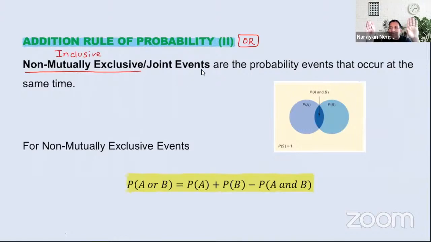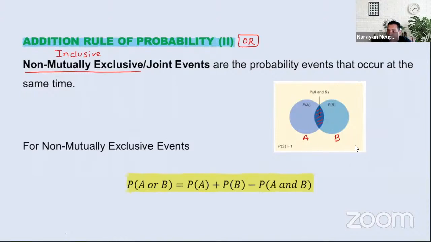That means when you're looking at two different events, there will be something common between those two. Like in this picture, you can see the first circle and the second circle. If they represent events A and B, then there is something common between those two events.